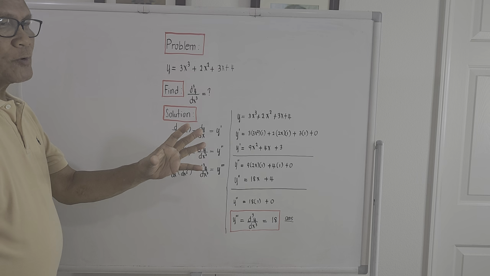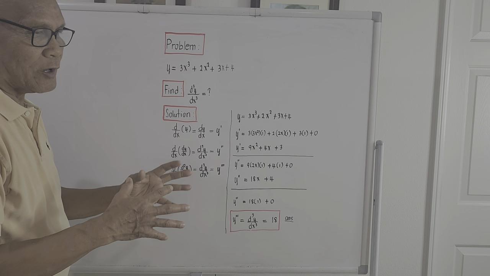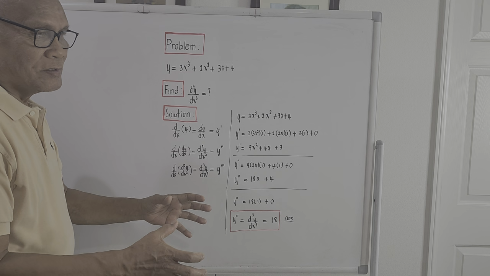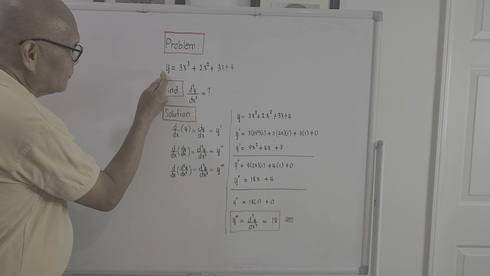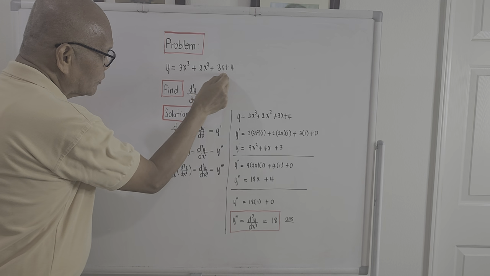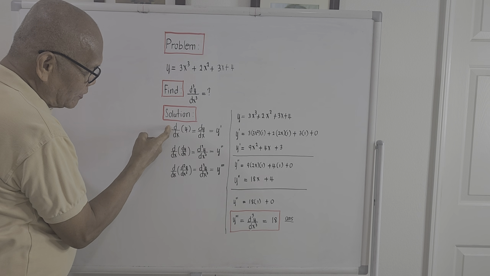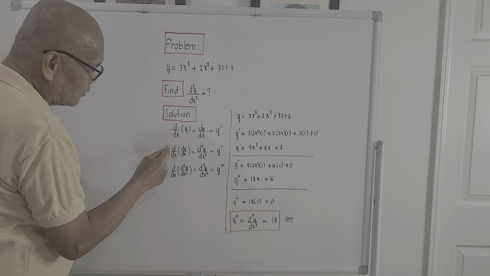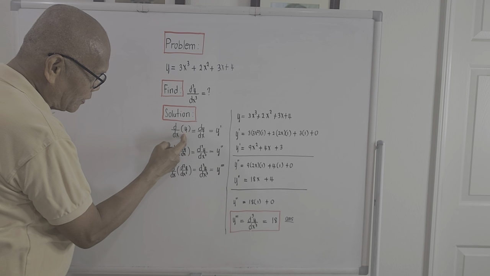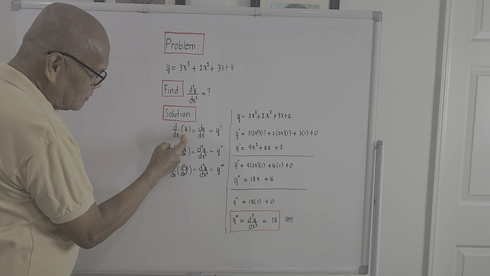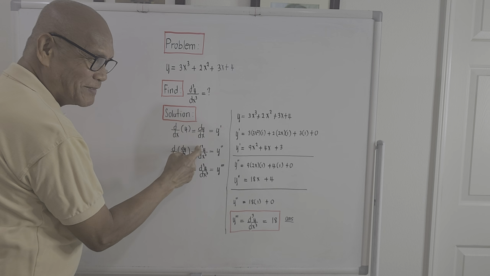Before I bring out the solution, we'll bring out some concepts on the study of differential equation. If we are given y equal to this function, and we take the derivative of y with respect to x, that will be equivalent to dy dx.